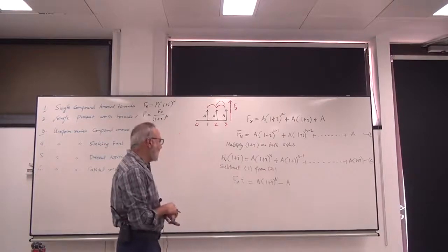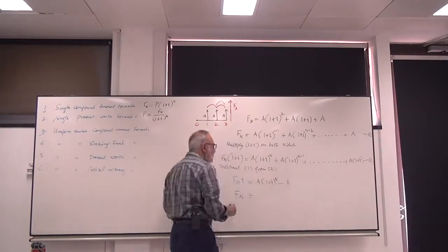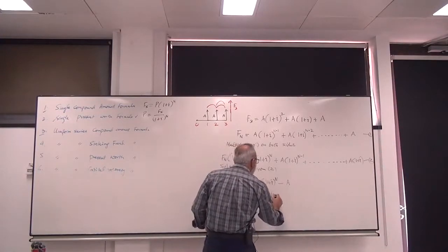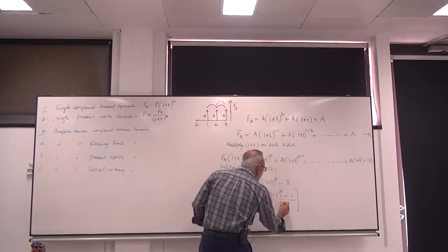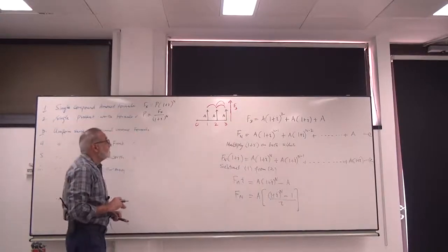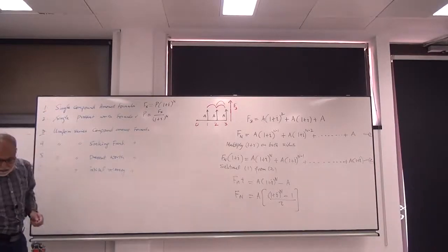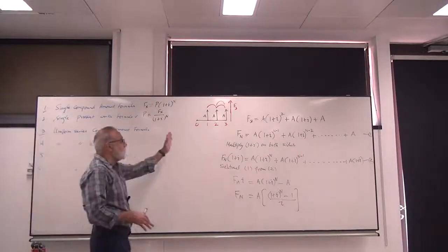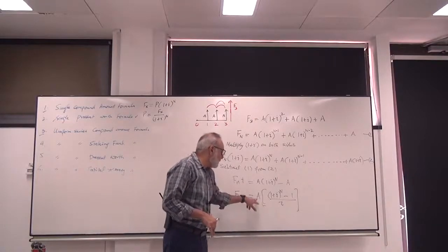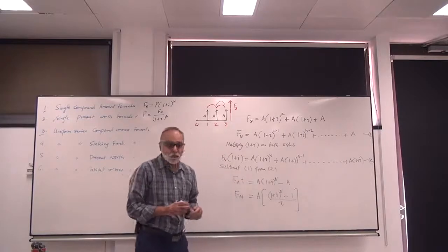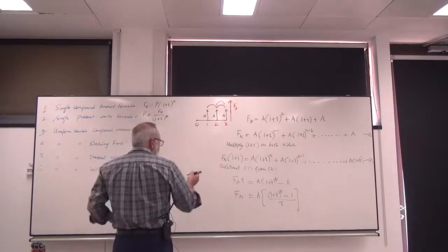And we have a nice formula coming. Fn is equal to A into 1 plus I raised to power n minus 1 divided by I. This is the uniform series compound amount formula, which means that if you have a uniform series of payments going on, at the end of these series of payments the future value will be A into 1 plus I raised to power n minus 1 divided by I. Okay, so we write this formula again.